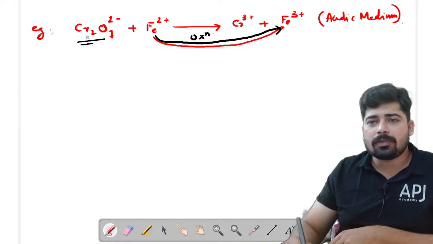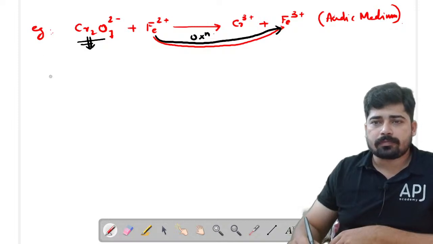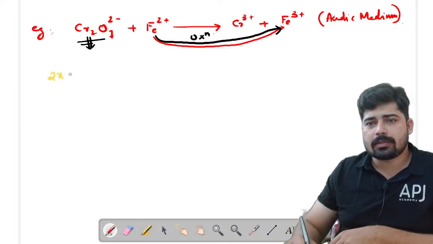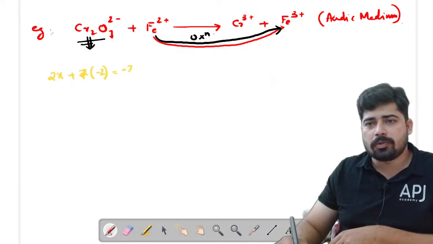Now let's find out the oxidation number of chromium in this molecule. 2x plus 7 into minus 2, equal to the charge on the molecule, which is minus 2. So 2x minus 14 equal to minus 2.